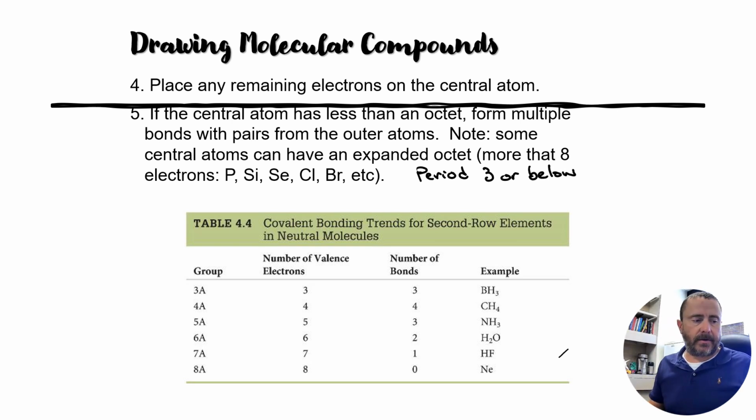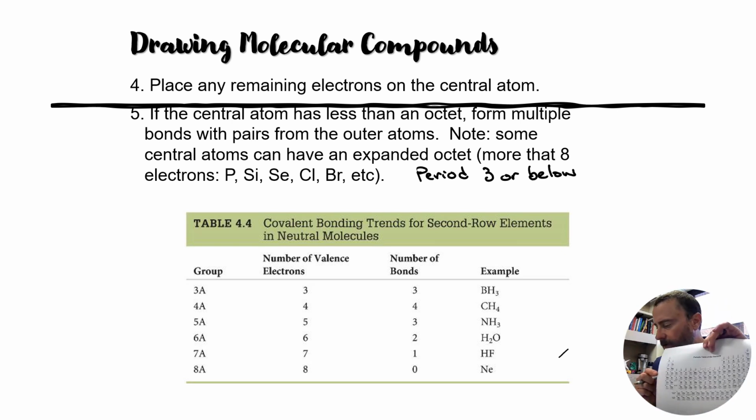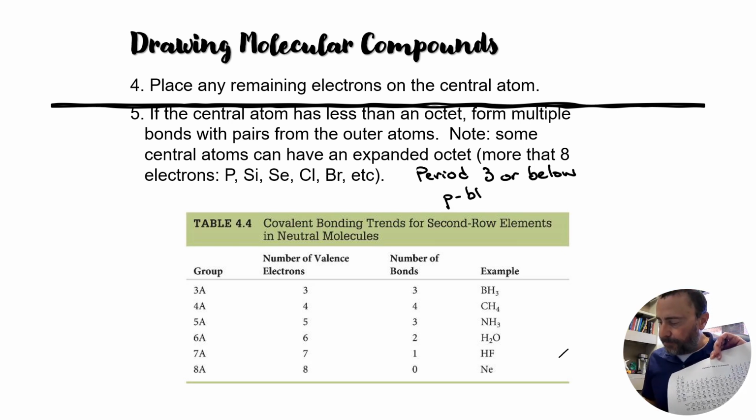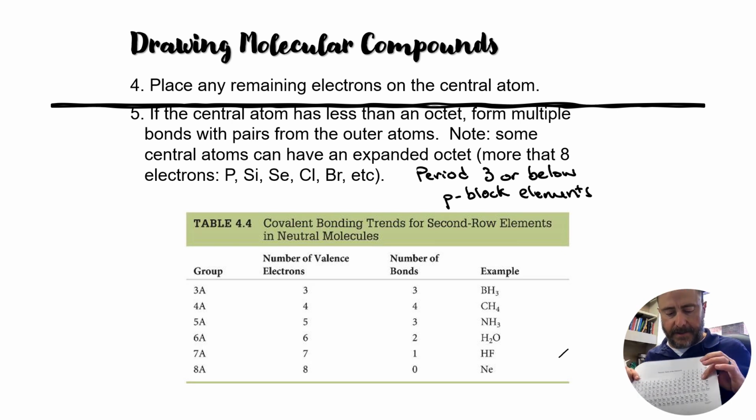If you look at your periodic table, you've got period 1, which is where hydrogen starts. Period 2 is where lithium starts. So sodium is period 3 and below, and they have to be p block elements. P block elements are the ones way over here, things like aluminum, silicon, phosphorus, sulfur, chlorine.